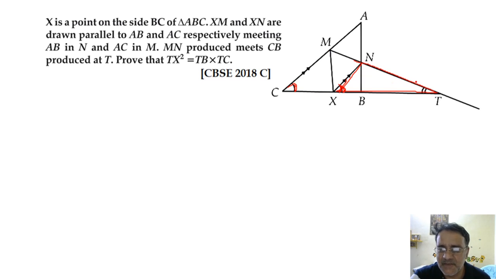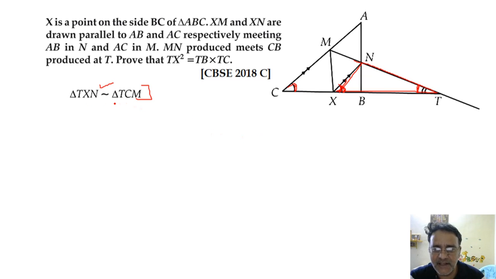Corresponding angles, and this is common to both the triangles. So we can say that triangle TXN is similar to triangle TCM. But you have to show ना, मैं थोड़ा skip किया हूँ steps. This is clear how these two triangles are similar by AA similarity.